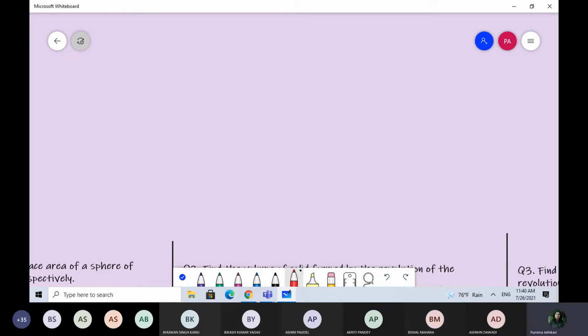what are you going to get when you rotate this curve about the initial line? Something like an apple. Yes, good imagination.